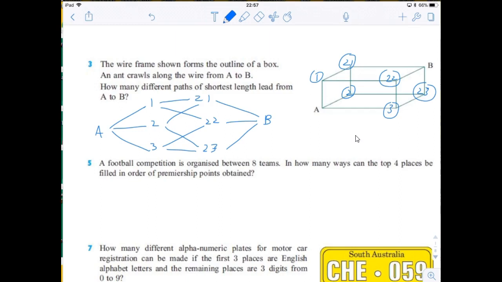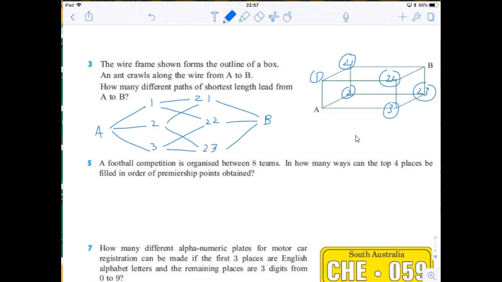You can see that from A, you can go to corner 1, corner 2, or corner 3. From corner 1, you could go to corner 21 or 22. From corner 2, you could go to 21 or 23, and from corner 3, you could go to 22 or 23.